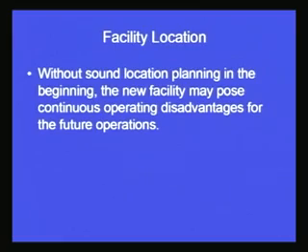Now we have seen that it is very important, it is a strategic issue, it involves high risk, and it is a non-repetitive type of decision. If we are not able to take an appropriate decision about where to locate the facility, it may result in certain unavoidable circumstances. So without sound location planning in the beginning, the new facility may pose continuous operating disadvantages for future operation.